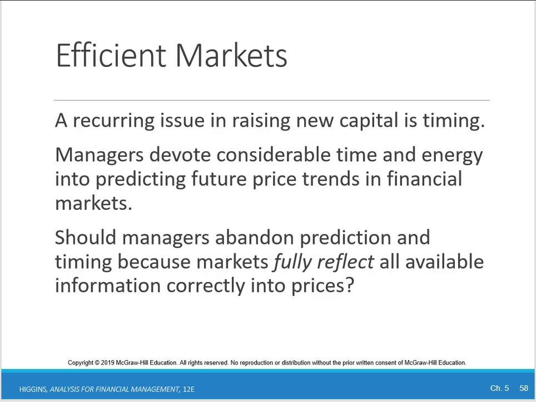The idea here is that if the markets are efficient, they include all the information that's available. So that has an impact on deciding whether or not to issue securities. You might hear a manager say, well, I don't want to issue stock because our stock price is just currently too low.